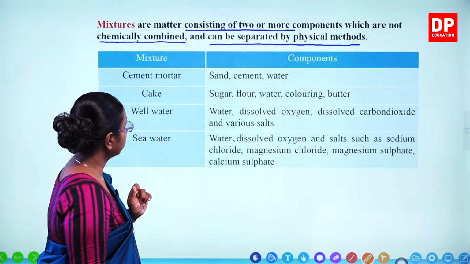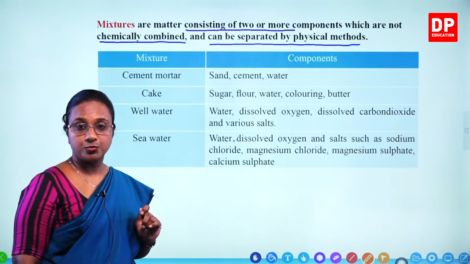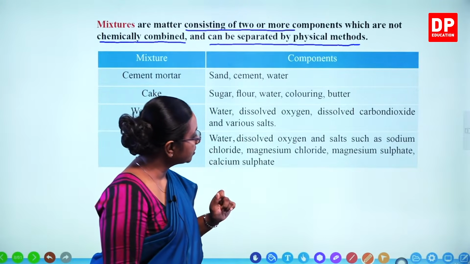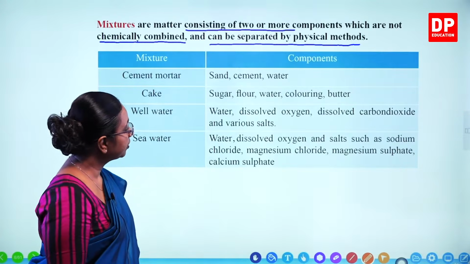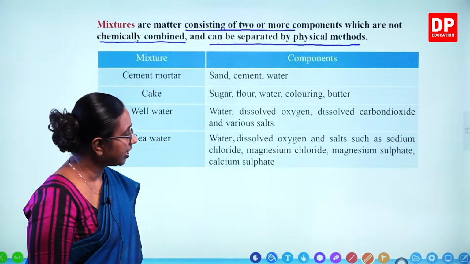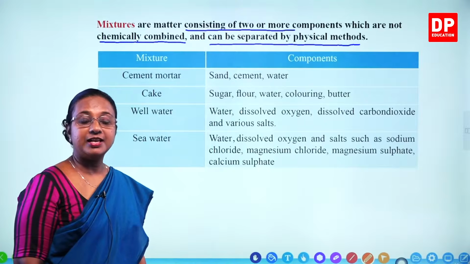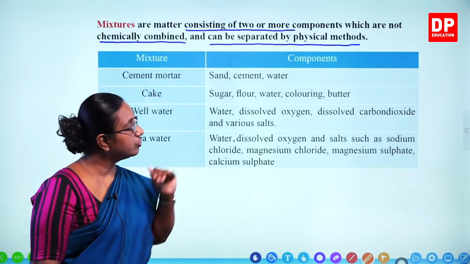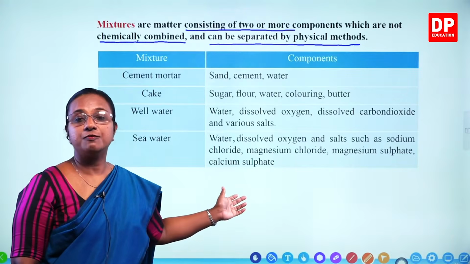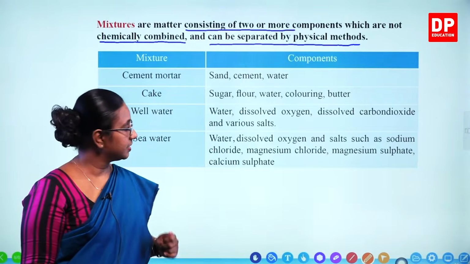Then the seawater. Again, it has water, dissolved oxygen and salts such as sodium chloride, magnesium chloride, magnesium sulfate and calcium sulfate. I am sure you know the chemical formulae of all these substances.